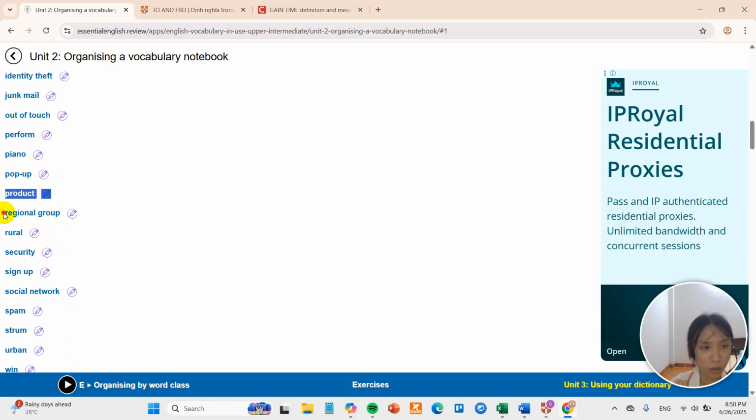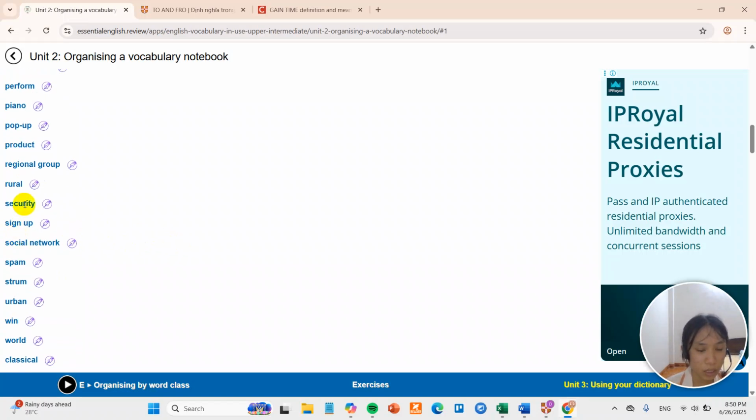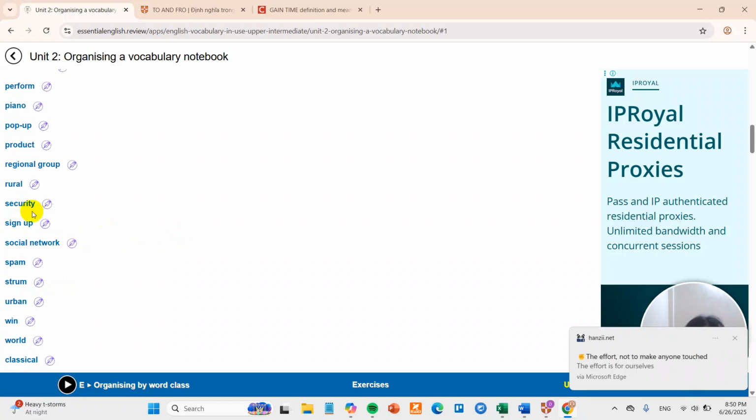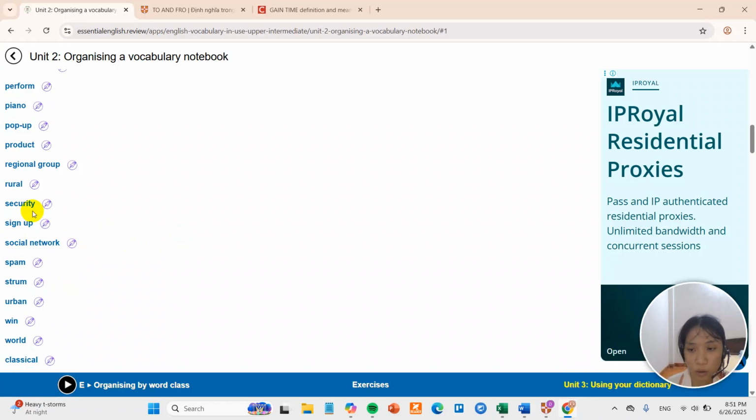Product. Regional group. Rural. It is the antonym of urban. Rural is like in the countryside, and urban is like in the city. Security. Like you would usually set a password to save your data.